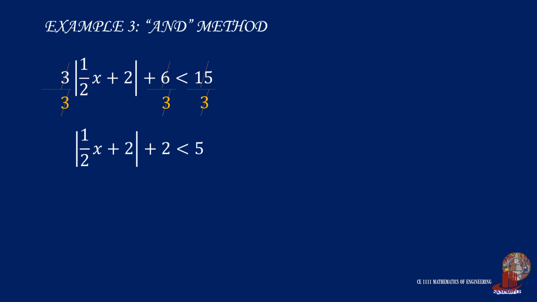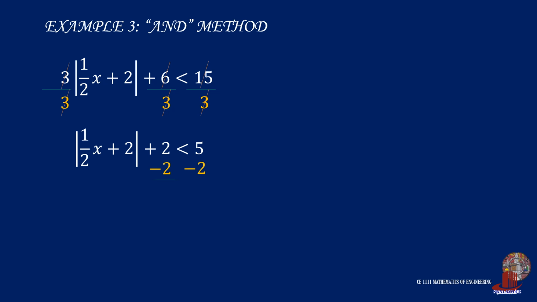Another example using the two methods is 3 multiplied with the absolute value of half of x plus 2, then plus 6 is less than 15. All constants are multiples of 3. So we simplify by dividing by 3 to have the absolute value of 1/2 of x plus 2 is less than 5.